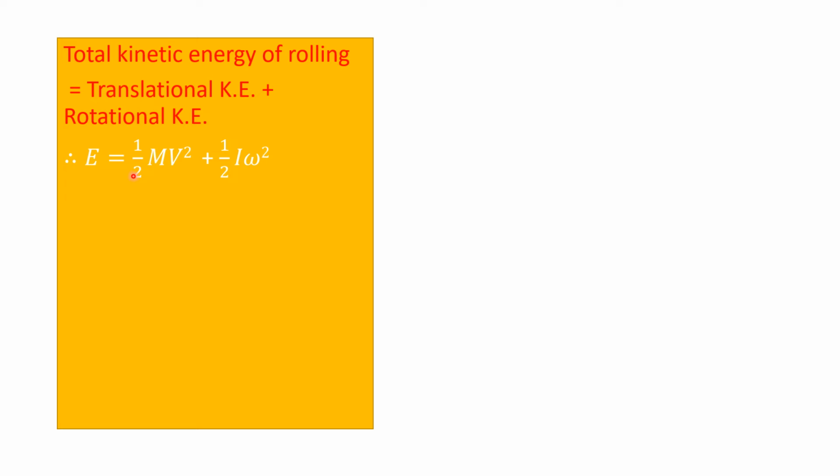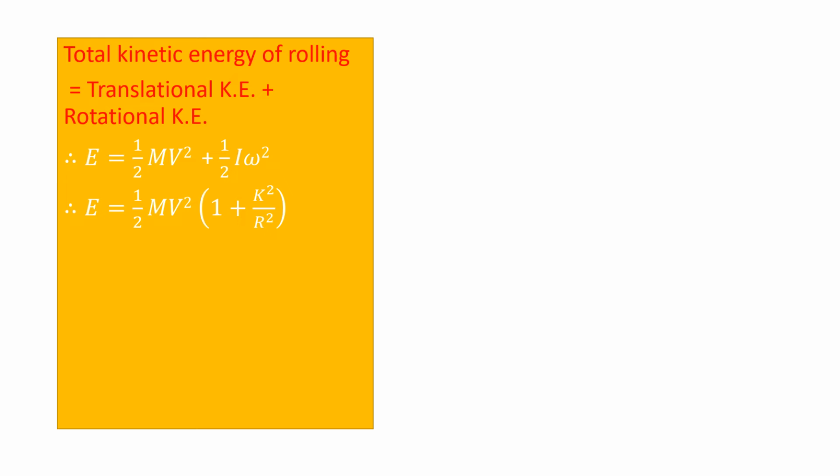Then half mv square is a common factor and we can take it out of the bracket, and we get the total kinetic energy of a rolling object is equal to half mv square into 1 plus k square upon r square.